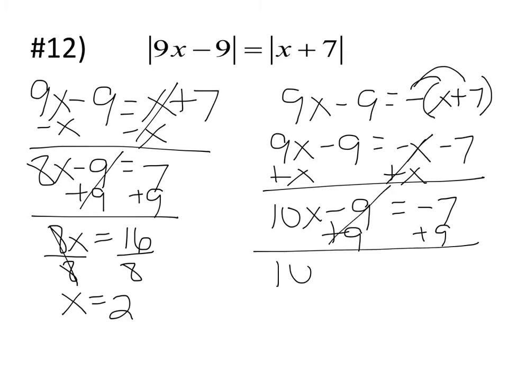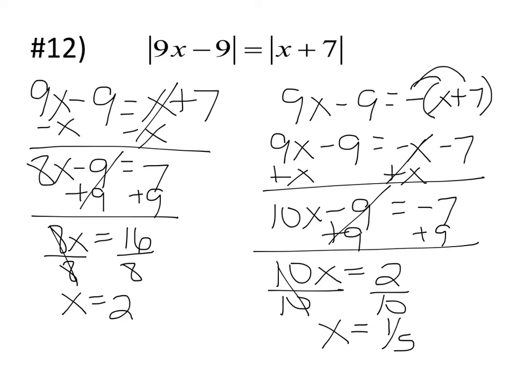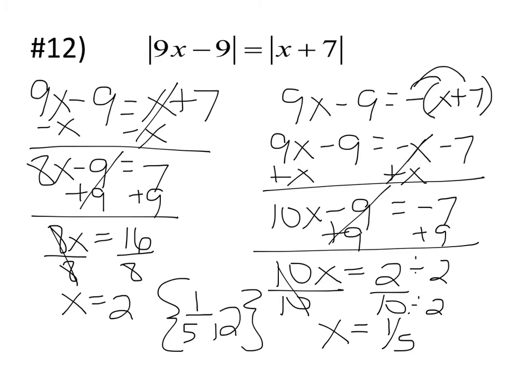You get 10x is equal to 2. Divide both sides by 2, and you get x is equal to 1/5, because when you reduce 2/10, you get 1/5, because they can both be divided by 2. So here your solution set is 1/5 and 2.